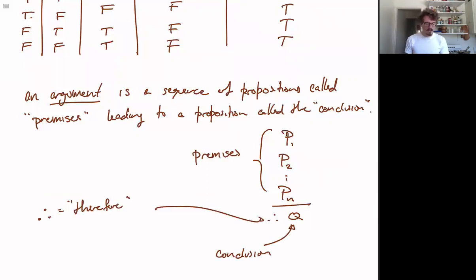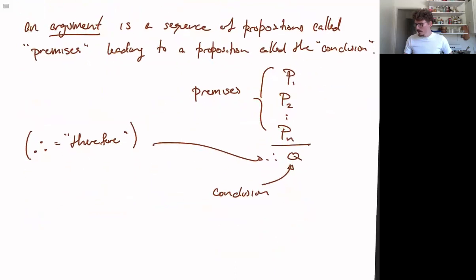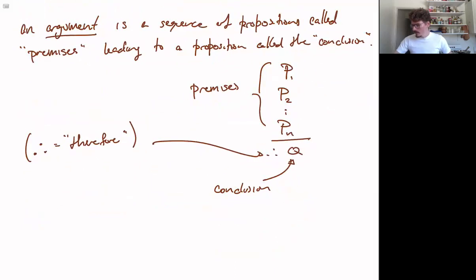Just a little piece of notation that is useful in these situations. And this is supposed to represent an argument where we are taking these propositions to be true, and we're saying it follows that this proposition is also true.